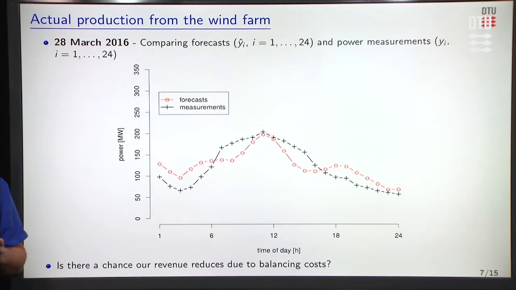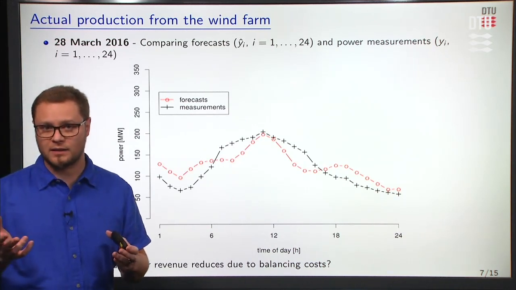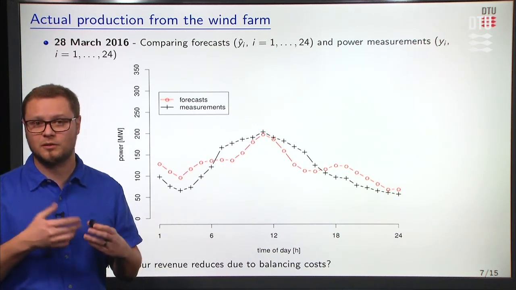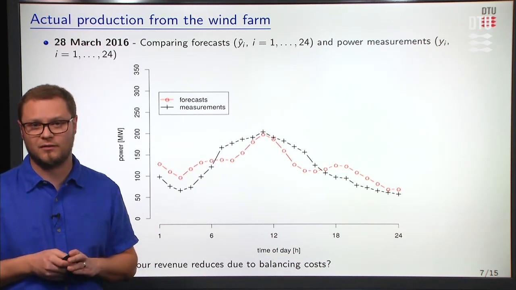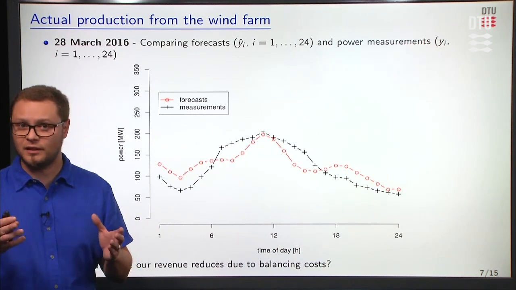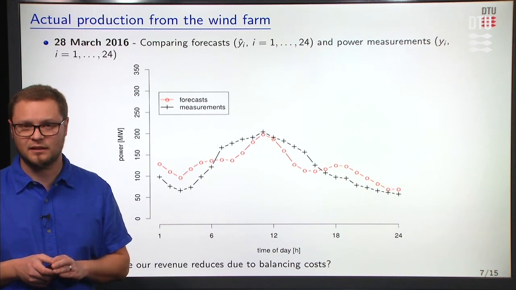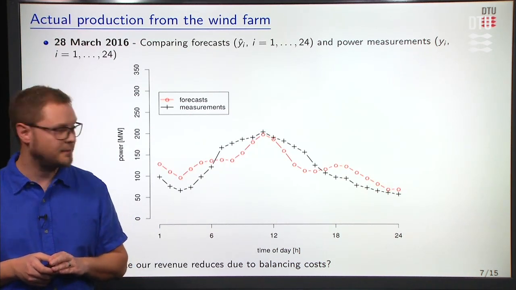However, remember we've considered the forecast, and eventually the forecast and the measurements may not be equal. So that means that what we deliver eventually is not going to be equal to our contract. The definition of balancing responsibility is that you're going to be financially responsible for these deviations.